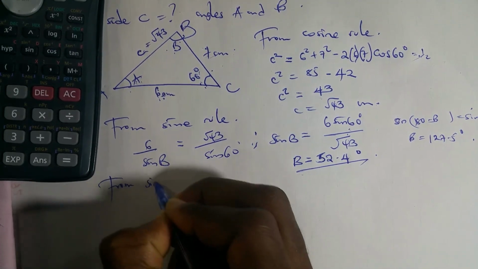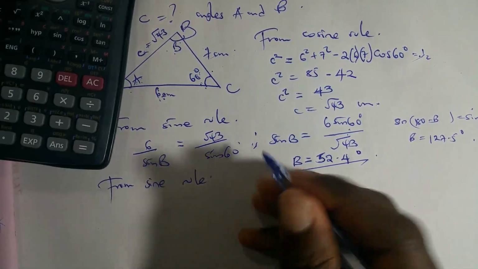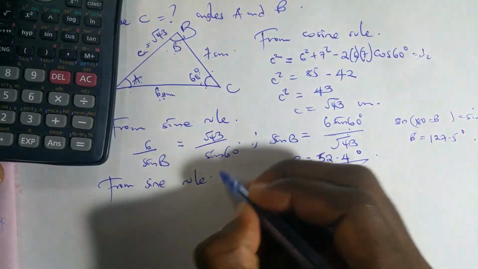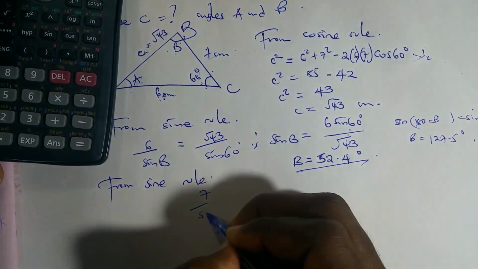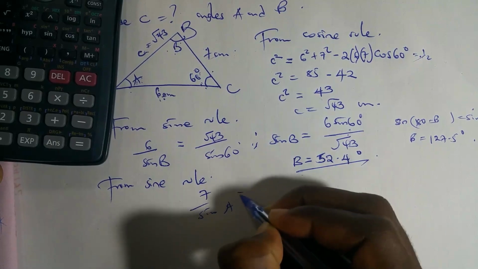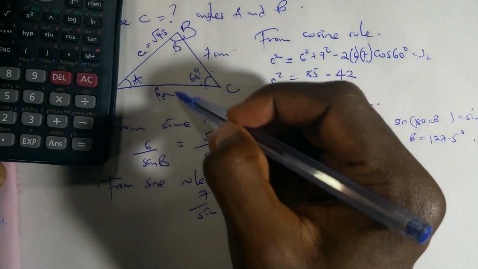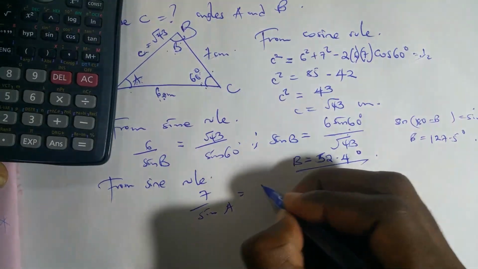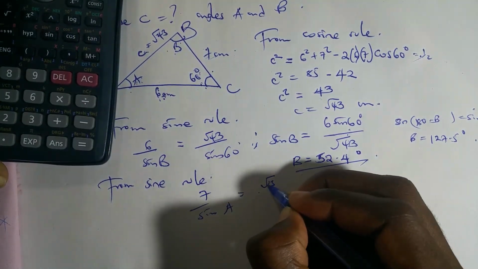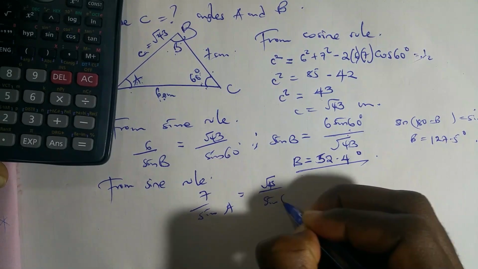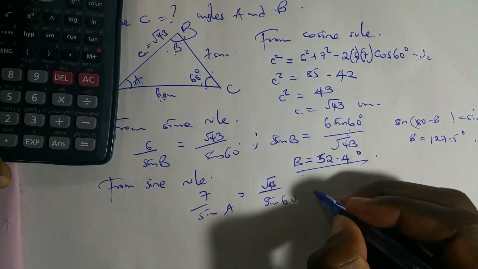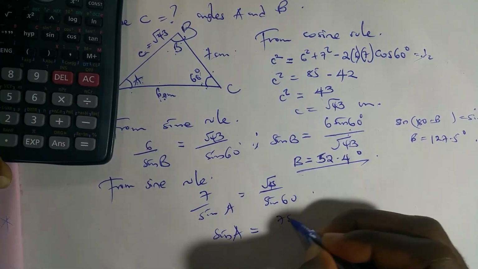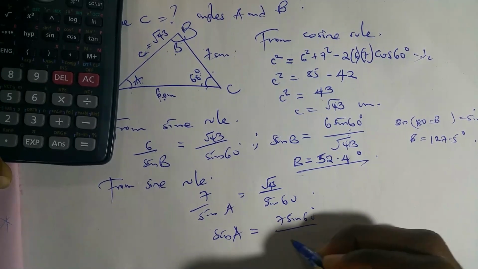Still from sine rule, we now have A, so we can consider 7 out of sine A equals 6 out of sine B, or even root 43 out of sine 60. So sine A is going to be 7 sine 60 divided by root 43.